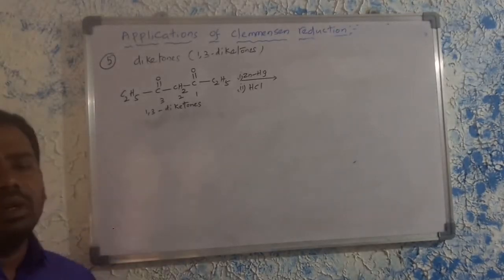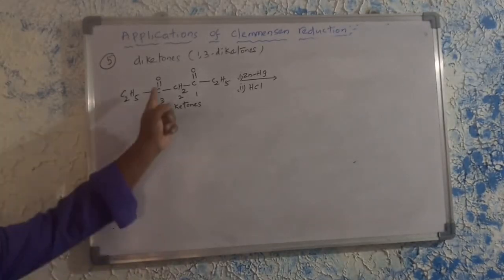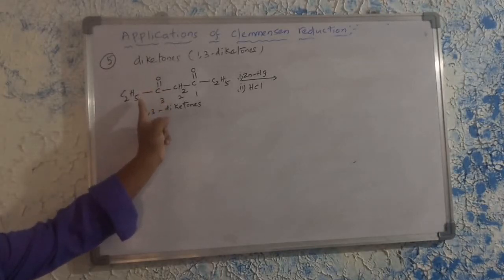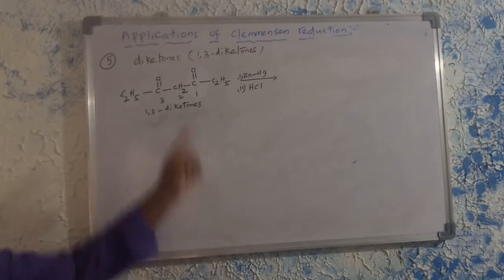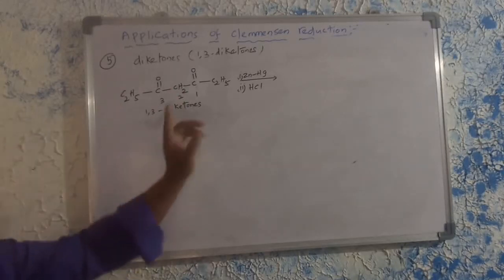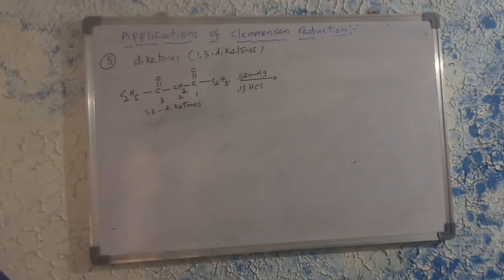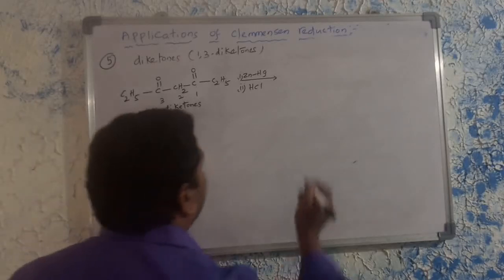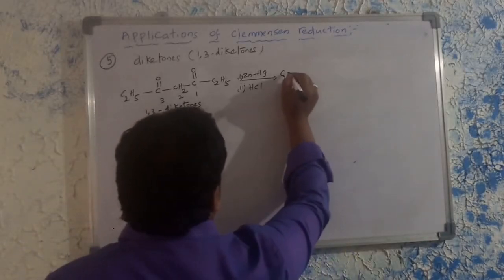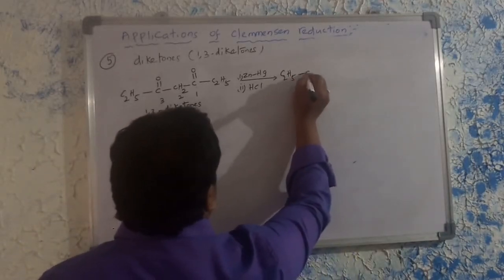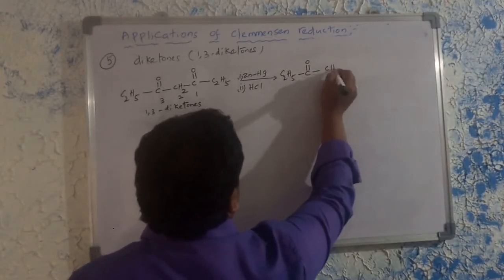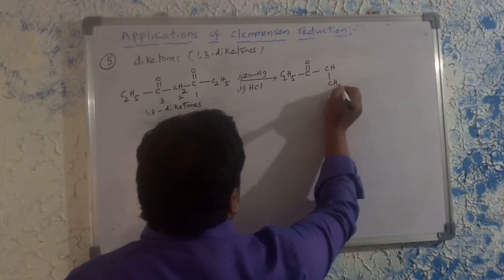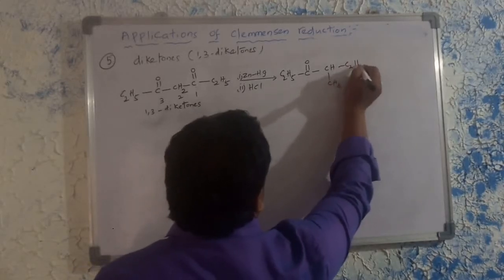So we will see 1,3 diketones. The example is C2H5 C double bond O CH2 C double bond O CH2 C2H5, reacting with zinc amalgam HCl. What is our possible product? C2H5 C double bond O CH2 CH3 C2H5.